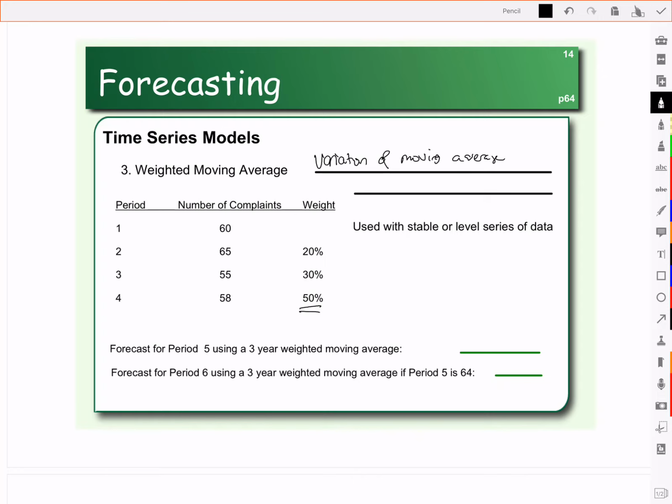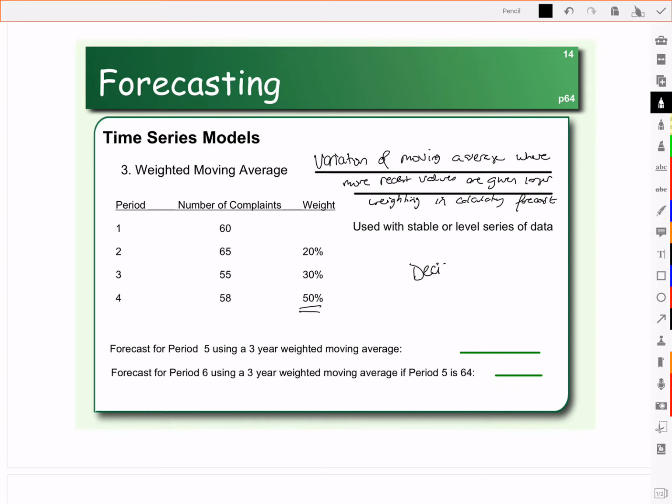It's just like the moving average, but more recent values are given larger weights in calculating our forecast. So it's a variation of the moving average. More recent values are given larger weighting in calculating the forecast.